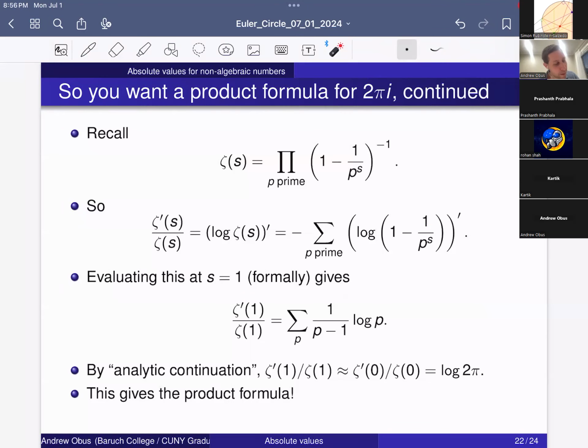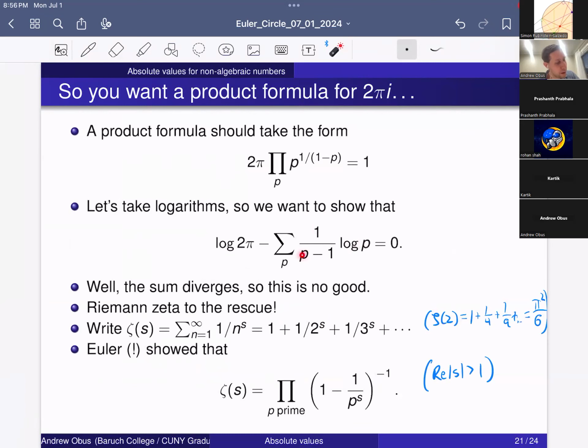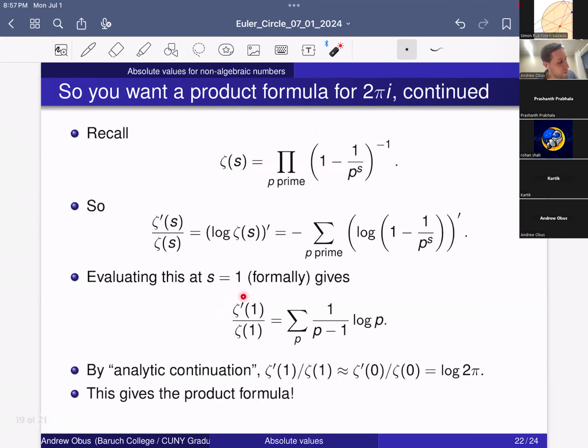Now, where have we seen that before? Let's go back here. Well, 1 over p minus 1 log p. That's pretty nice, right? So maybe this infinite sum should have something to do with taking this logarithmic derivative of the zeta function and then plugging in some number that you have no right to plug in at all, okay?